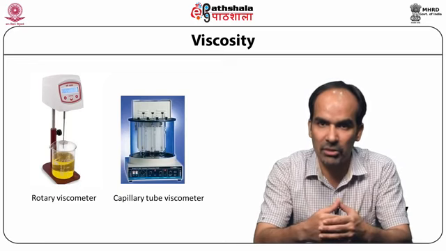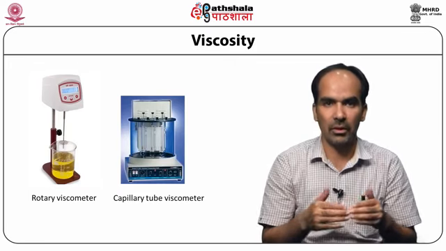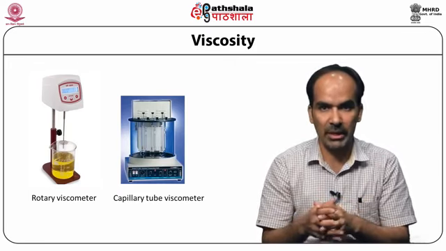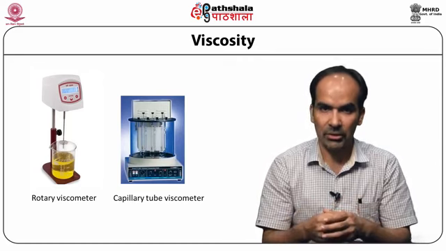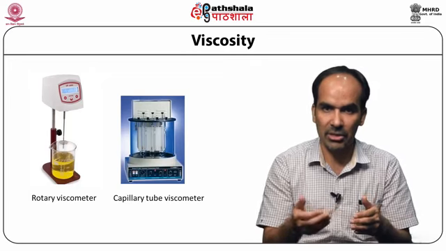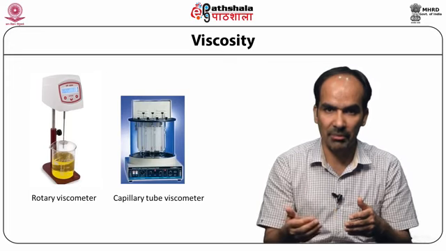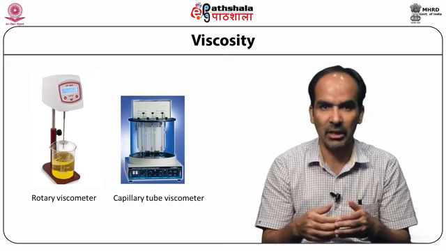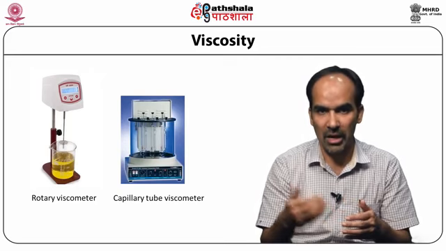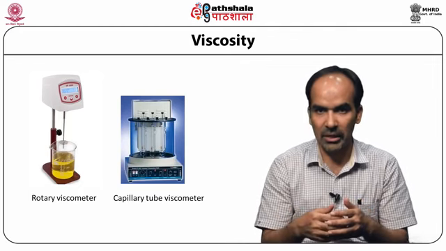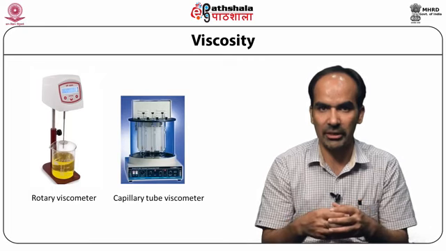The viscosity of a liquid is constant at a certain temperature, so when you record the viscosity, the temperature needs to be maintained. Mostly viscosity is measured at two temperatures. For industrial oils, viscosity is measured at higher temperatures, around 40 degrees Celsius, because their use is at higher temperatures, and they are graded as per the ISO viscosity grading system.